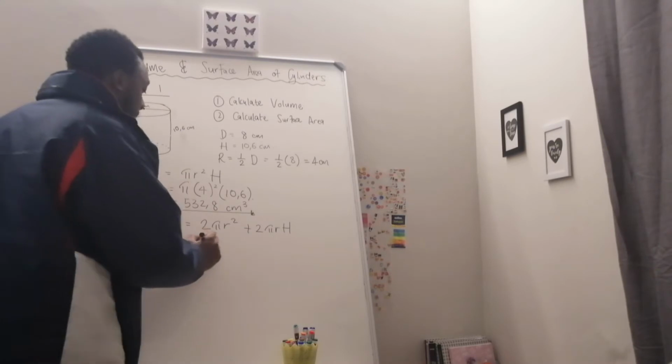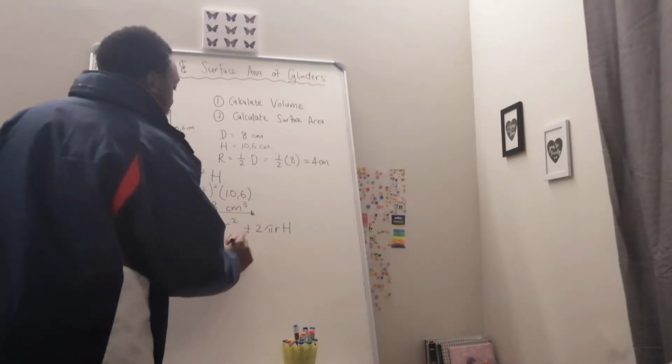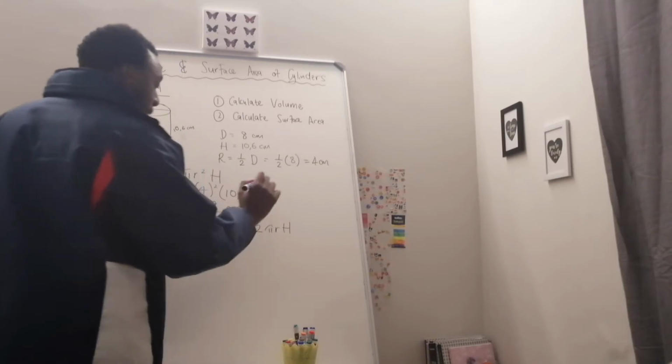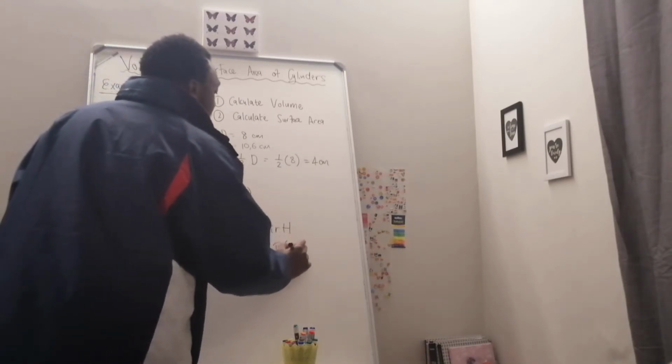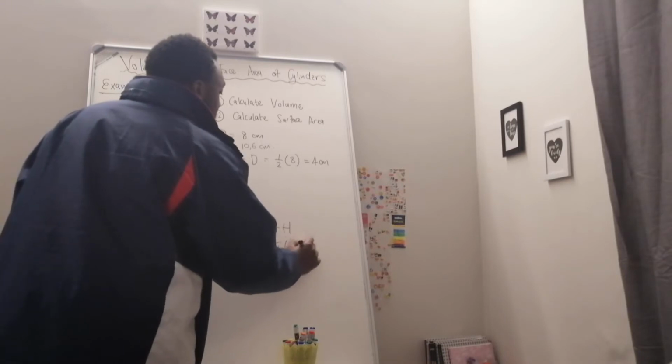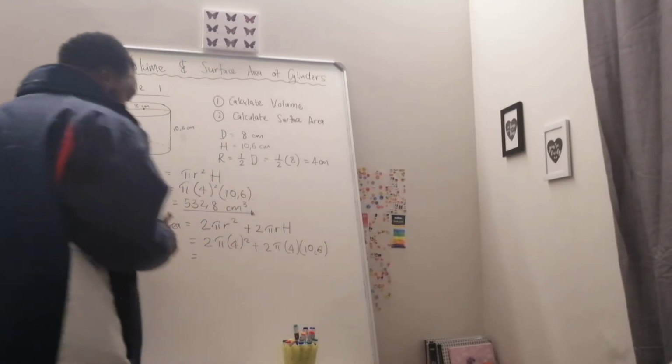So now you just substitute. You have 2 pi, the radius is 4, you square it, plus 2 pi, the radius is 4, and you multiply it by the height, 10.6.